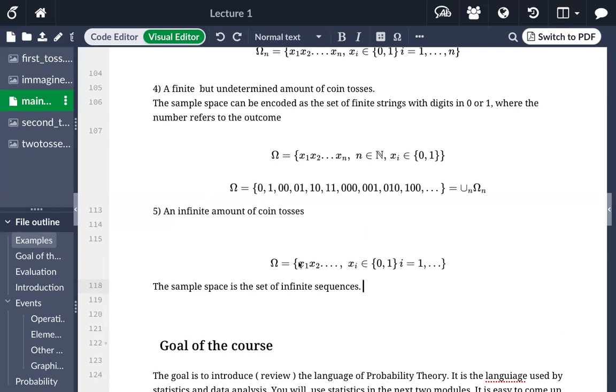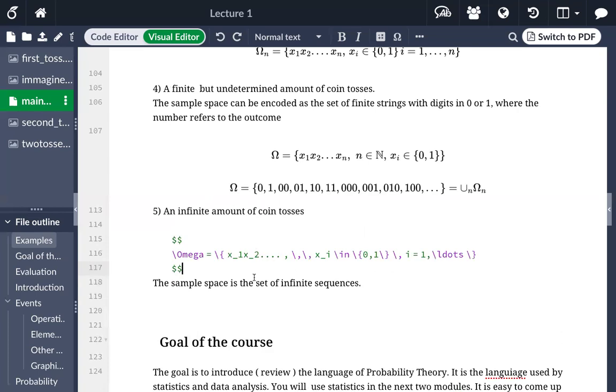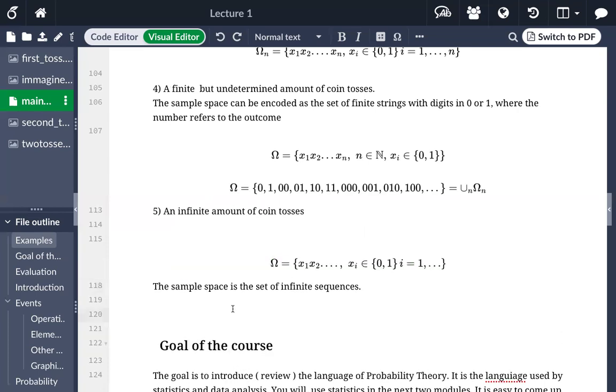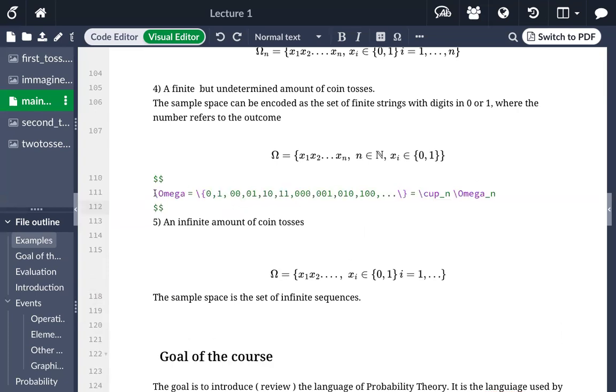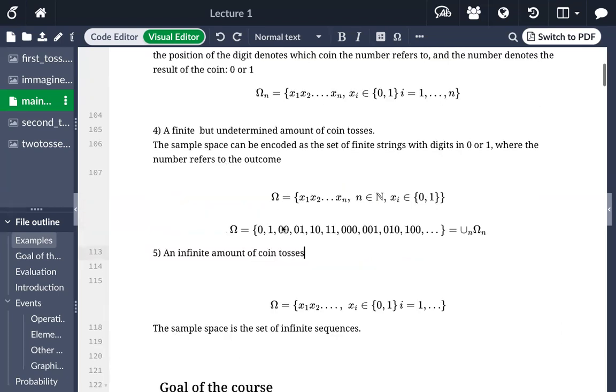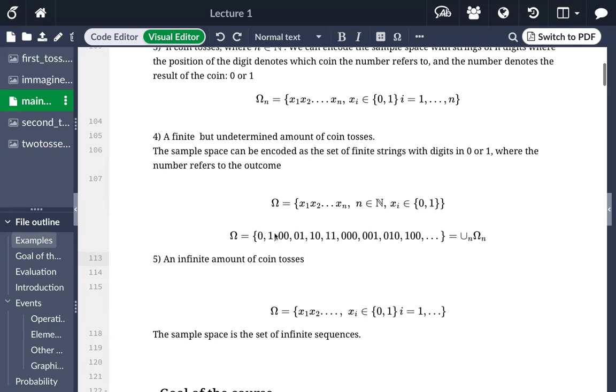Why am I saying that this one is very different from the other one? Well, because I cannot list it in this way. In example number 4, the one of a finite amount, it is an infinite sample space because there are an infinite amount of ways of tossing, but we can list it in this way.